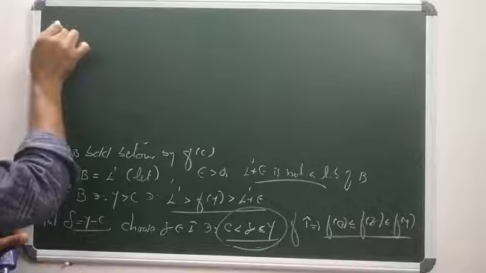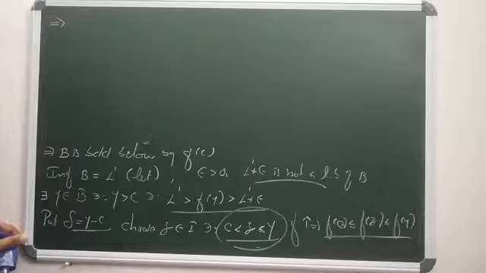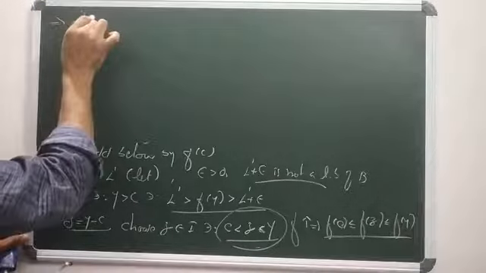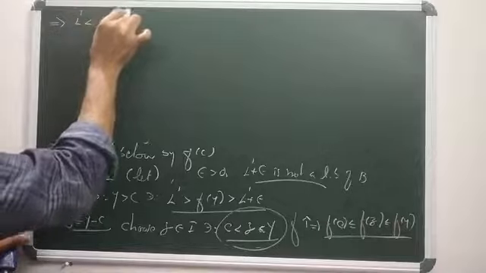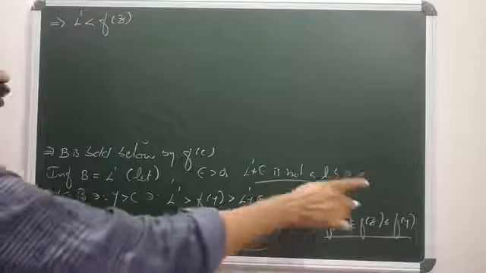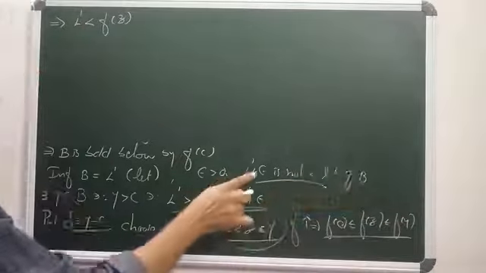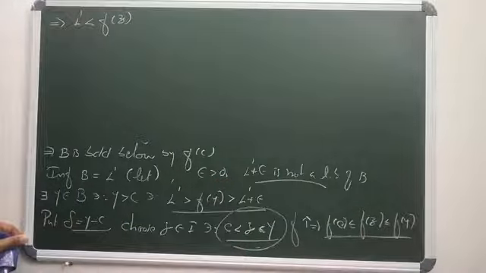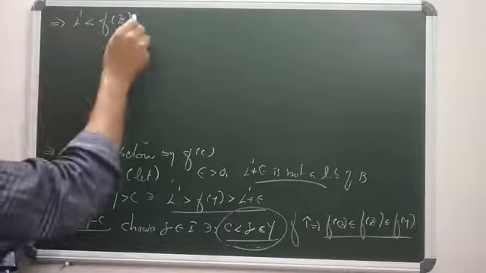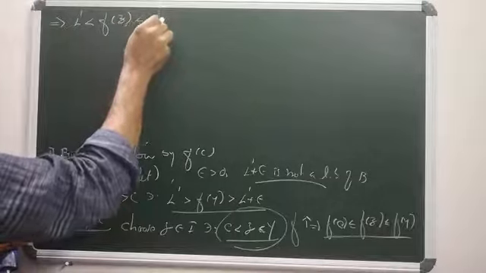So combined, this gives L dash less than f of z, but f of z is less than or equal to f of y, and f of y is greater than L dash plus epsilon. Therefore, L dash is less than f of z is less than L dash plus epsilon.